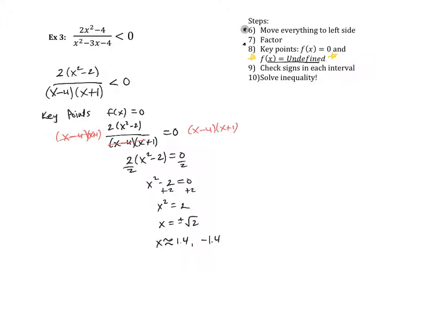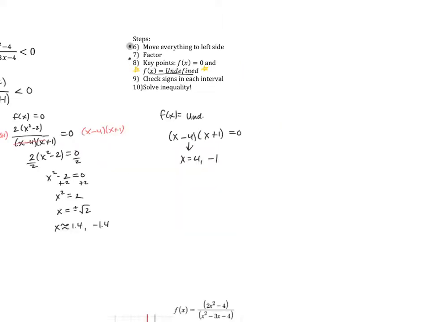Now another place where I have key points is where f of x is undefined, and that is when the denominator is equal to 0. I had already factored that denominator, (x minus 4)(x plus 1). When is that equal to 0? That happens when x is equal to 4 or x is equal to -1.